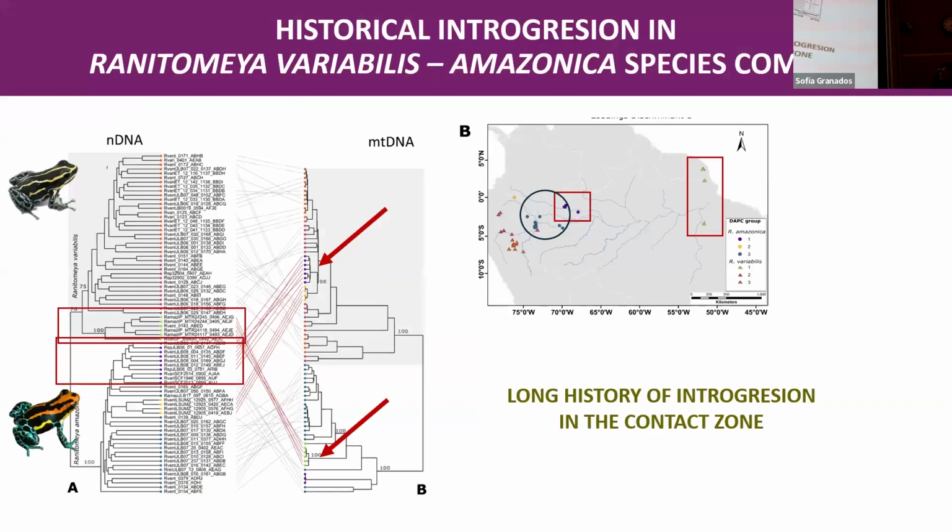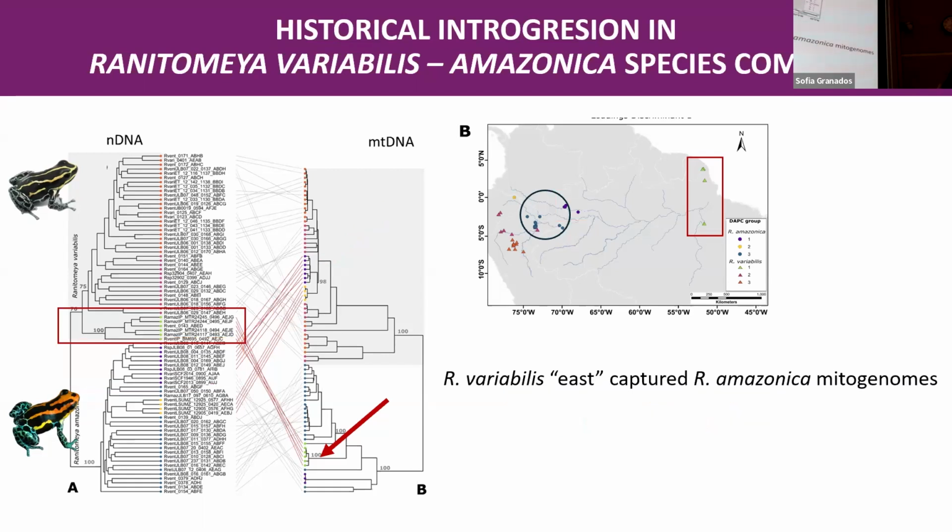This is where I'm gonna bring up the mitogenome for this talk, because we discovered something very interesting in this species. There's a long history of introgression in a contact zone. In this blue circle is a contact zone, which means that in that area both species coexist. This is the nuclear DNA, and this is the mitochondrial DNA. In gray we have Ranitomea variabilis, and here we have Ranitomea amazonica.